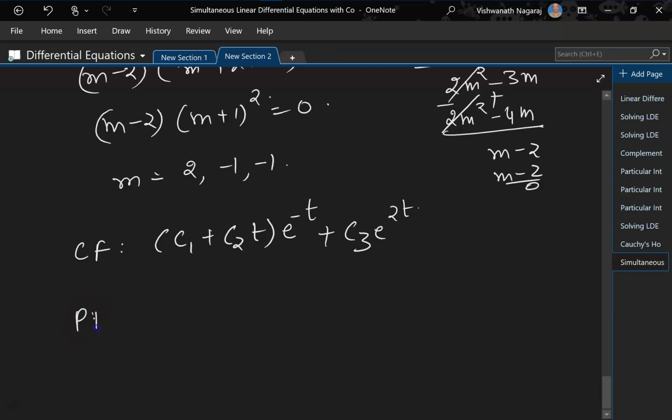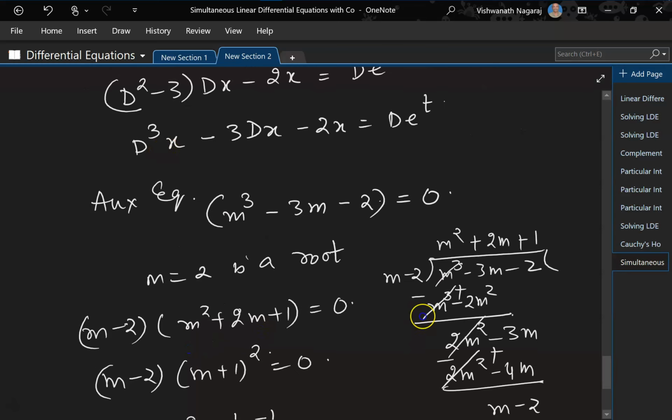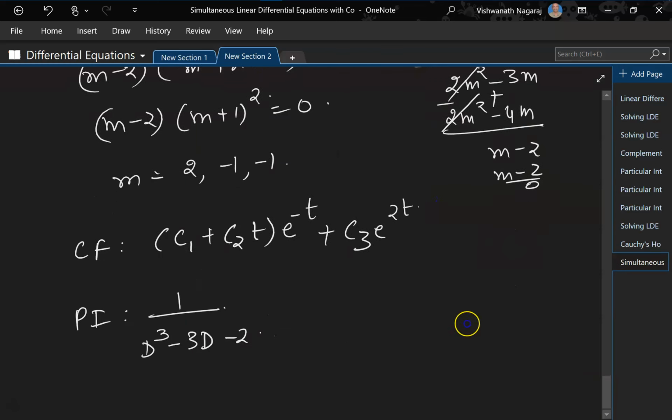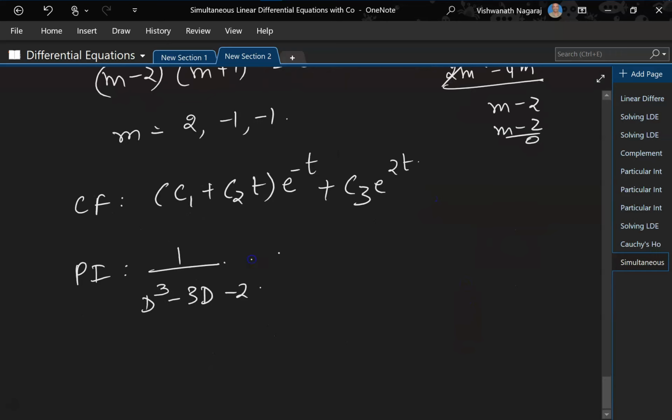Now let's figure out the particular integral, because the right hand side is not 0. So 1 by d cube minus 3d minus 2, times the right hand side, which is e to the power of t.